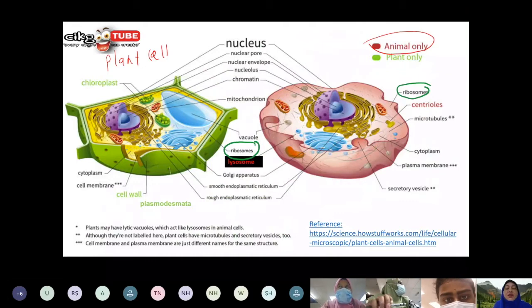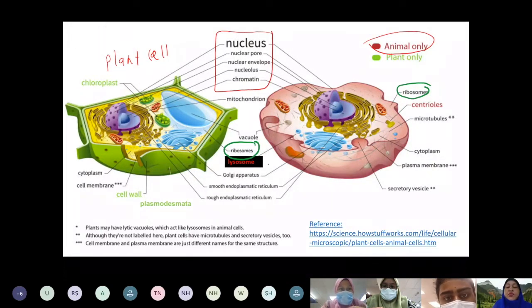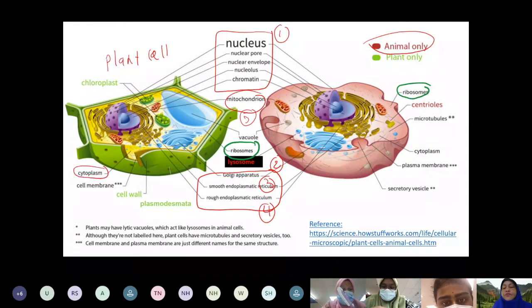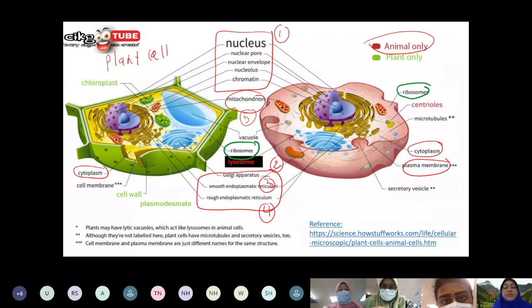Basically all the structures in black show similarity between the two cells: nucleus, Golgi apparatus, smooth endoplasmic reticulum, rough endoplasmic reticulum, mitochondria, cytoplasm, plasma membrane. All that shows similarity between the two cells.